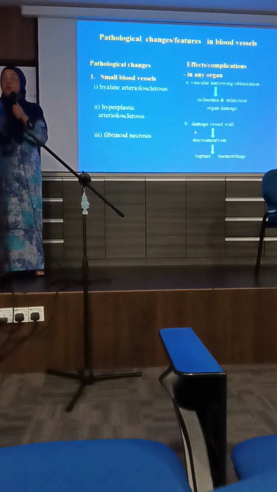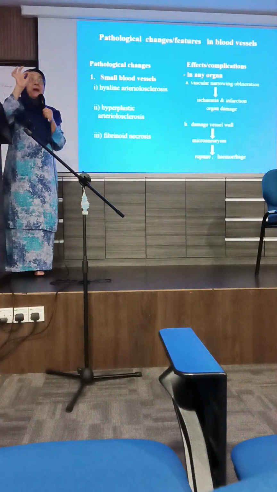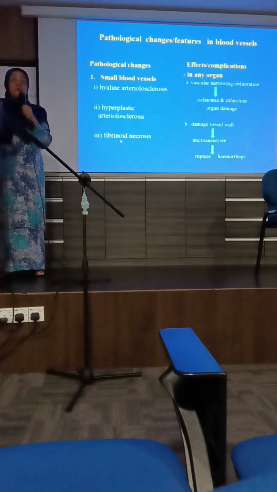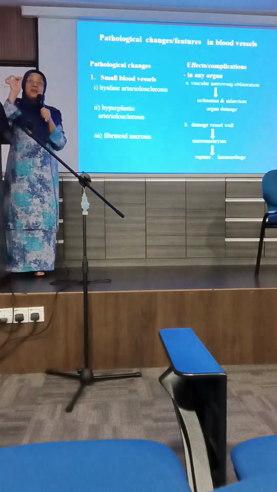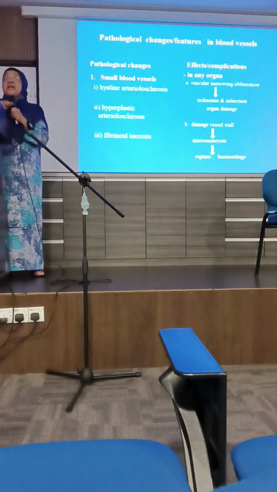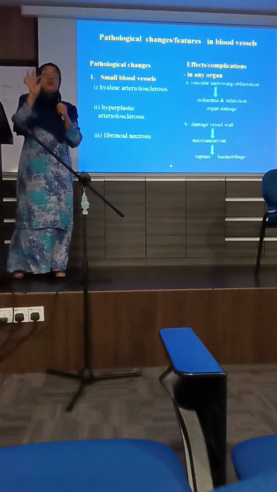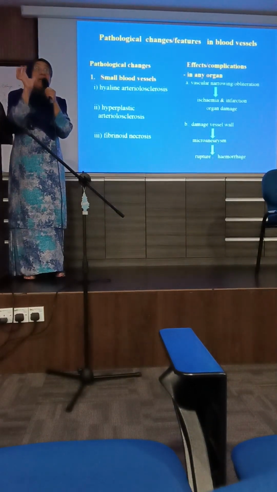Okay. Number two, this high blood pressure not only causes thickening, but it can damage the wall. And this is a fibrinoid necrosis. Yeah? The wall itself, the cells lining the wall of the arteries can die. Okay, fibrinoid necrosis, damage. So you have thinning of the wall, and it can cause weakening of the wall.